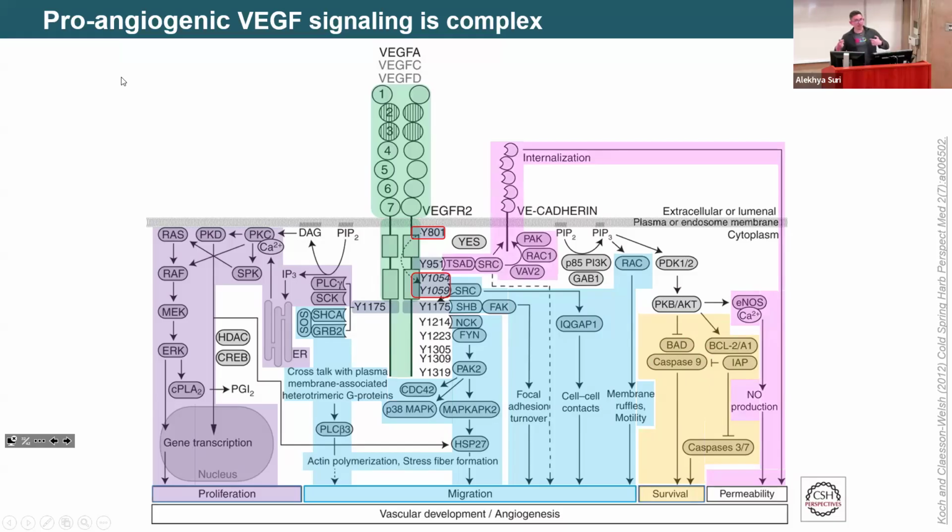And finally, and perhaps what I care about the most, is that there is the activation of the SRC kinase and the activation of a number of other proteins that lead to the internalization of VE-cadherin. VE-cadherin is the most important intercellular junction molecule in endothelial cells. So if you internalize this VE-cadherin, you're basically removing it from intercellular junctions, and you're losing that contact inhibition, right?